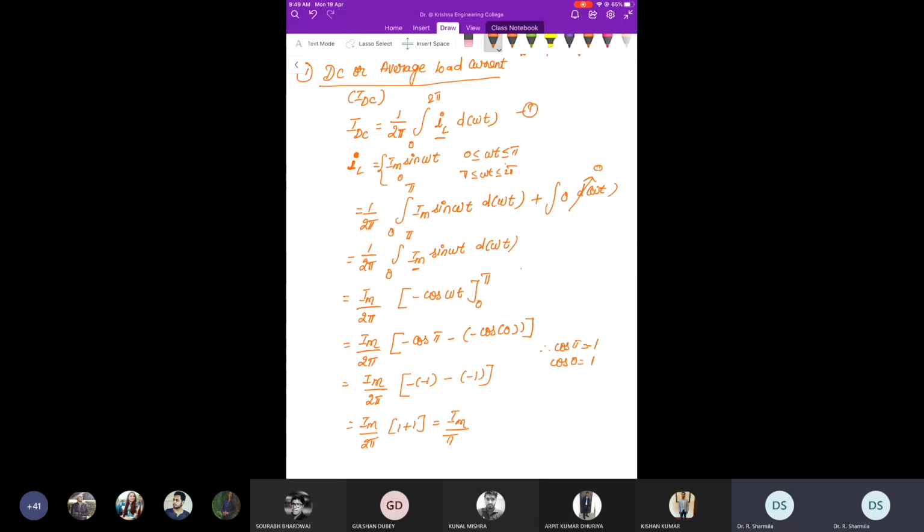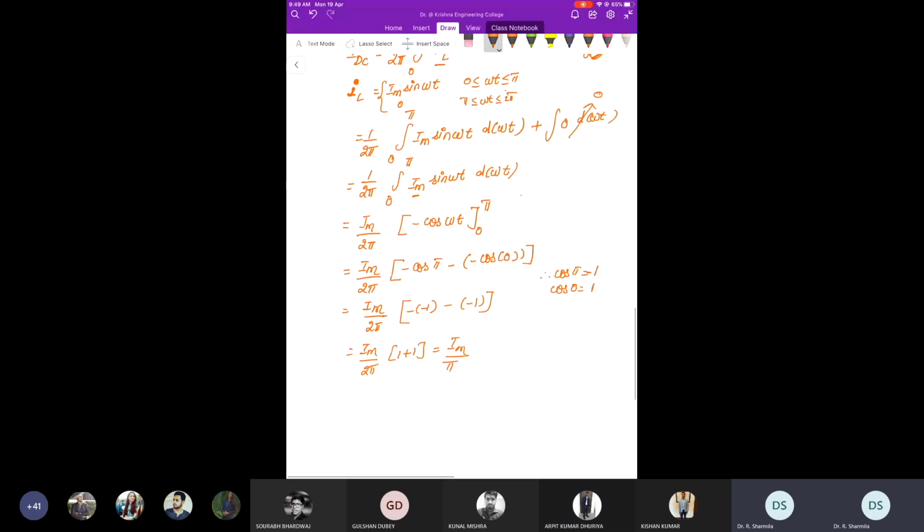Here we are not integrating this value with dt. We are integrating it with d omega t, so consider d omega t as the variable. With respect to omega t we are integrating. Don't consider that two parameters are there, and we do not put omega in the denominator. It is a full term.